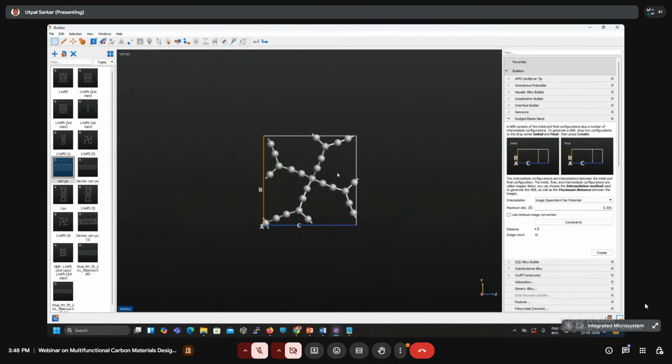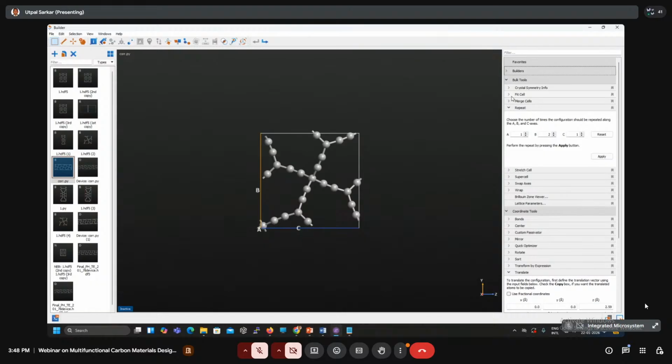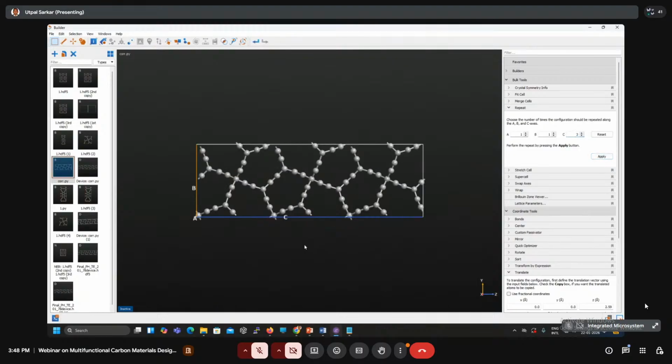For device construction, you need to first have the optimized unit cell. From the optimized unit cell, you have to repeat it 3 times in the lateral direction. So now in my system, I am repeating in the C direction 3 times. Here you can see the unit cell has been repeated 3 times.